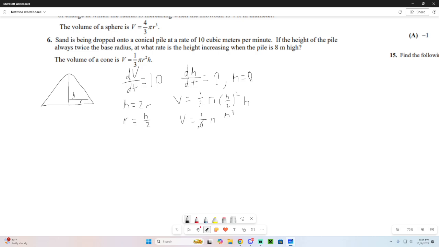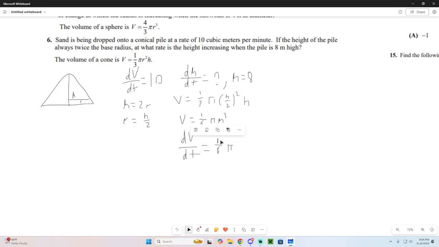Alright, so now I can differentiate that. That's a lot easier to differentiate. So, to take the derivative, dV/dt equals 1/6 pi, and then this can be taken out of the derivative, and we're just taking the derivative of h with respect to time.